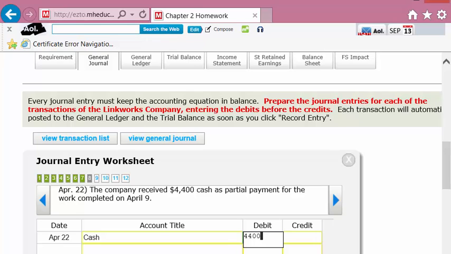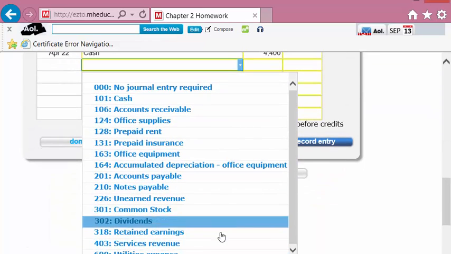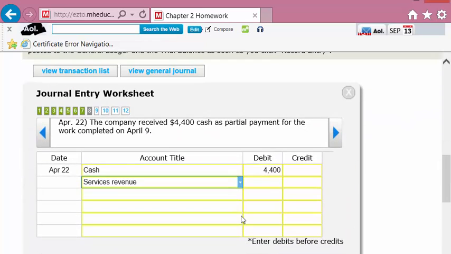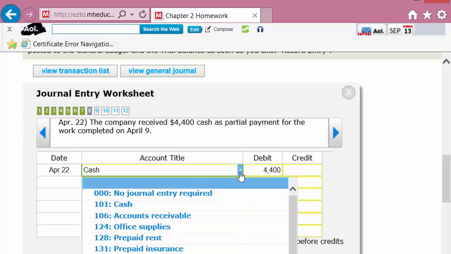And this one, Kaylee, they tell us the company received $4,400 cash as a partial payment for service. So you already debited cash as a partial payment for work completed on April 9th. So we already completed this work, didn't we? So we already took the revenue for it, and we're just receiving the cash now.